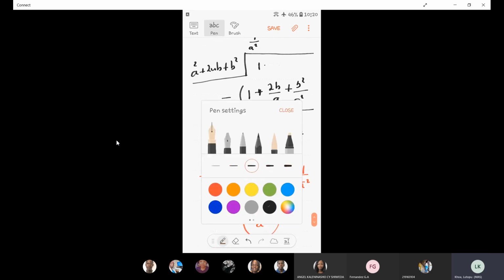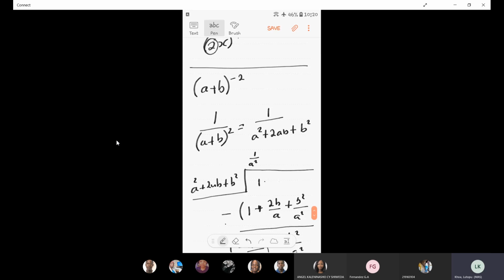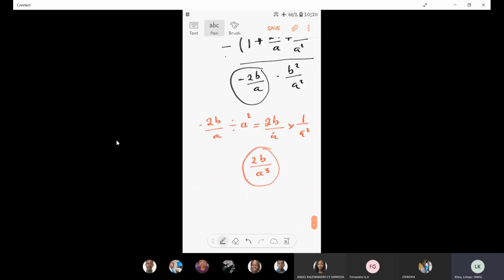Okay, so I write it over there, and this is negative 2b over a to the power of 3. So it's negative because this is negative. So I didn't write the negative over there, but it should be negative.